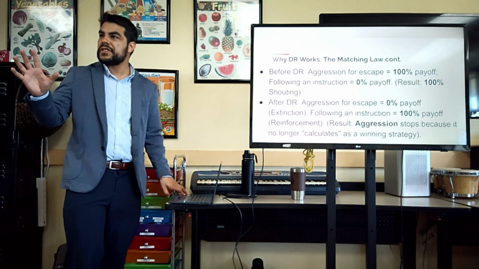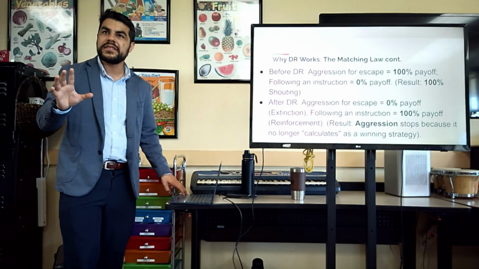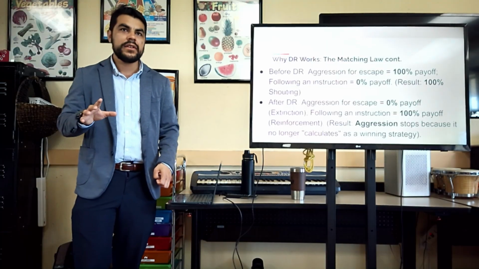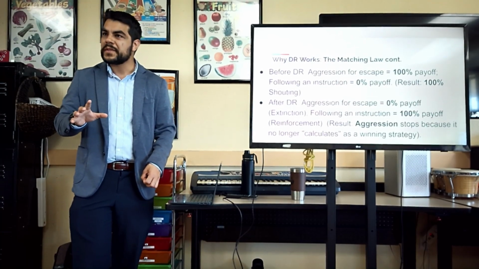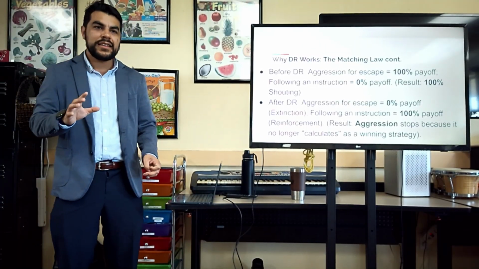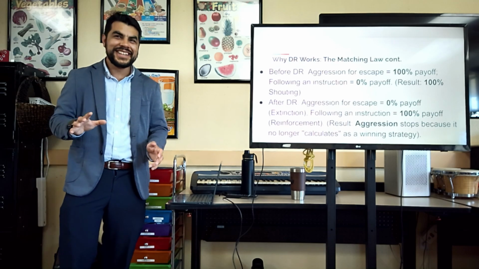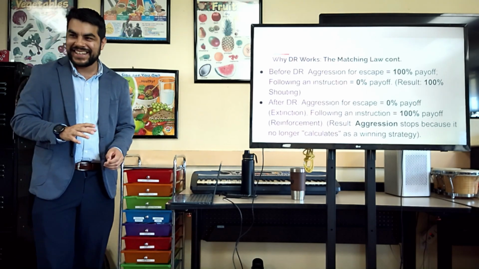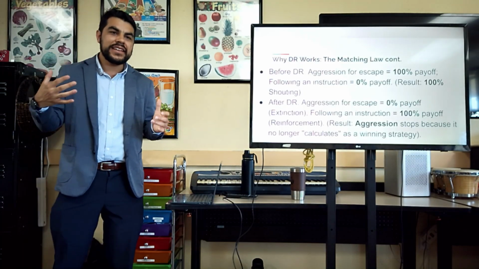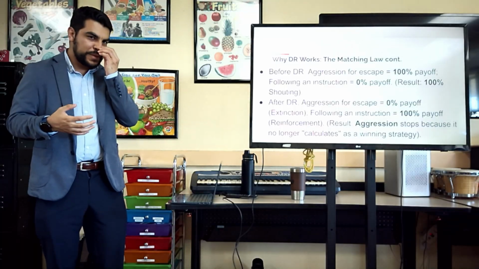Okay. Any questions on the matching law or DR so far before we get to two particular instances of differential reinforcement? Okay. You guys with me so far? Yeah, and it's just looking at it through the lens of some simple numbers.